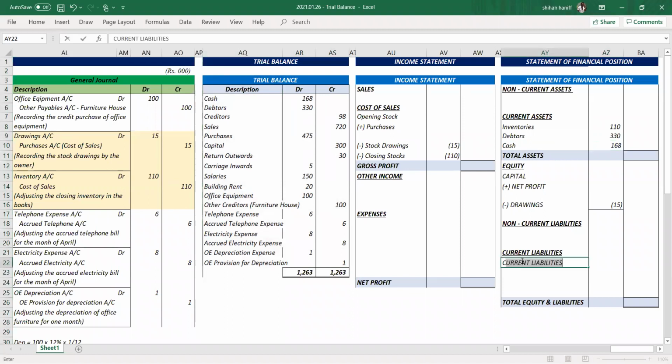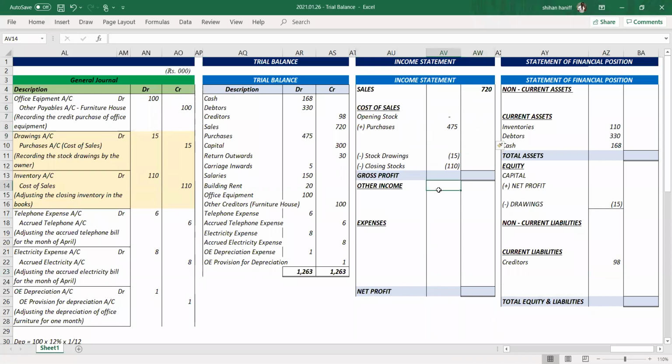Creditors 98, which is a current liability. Sales 720. There is no opening stock. Purchases 475. Capital 300.